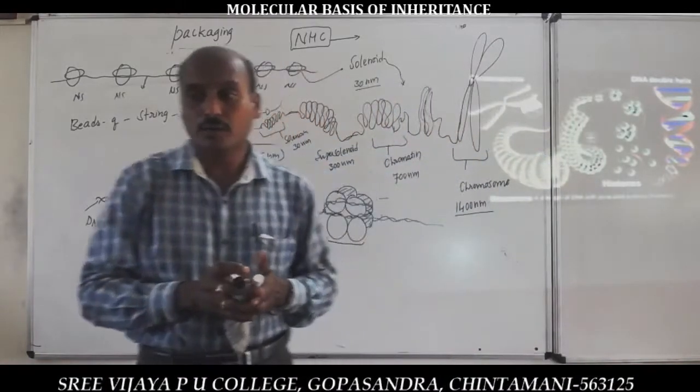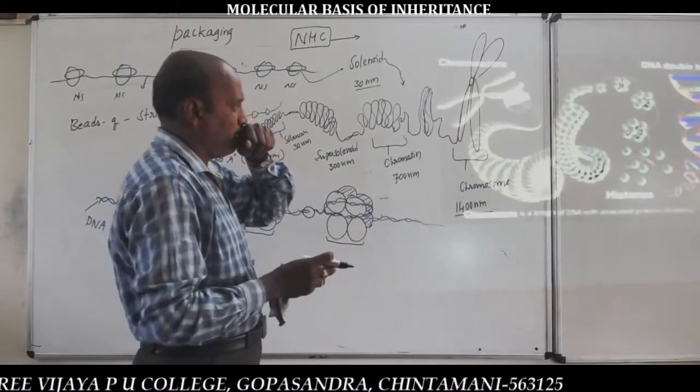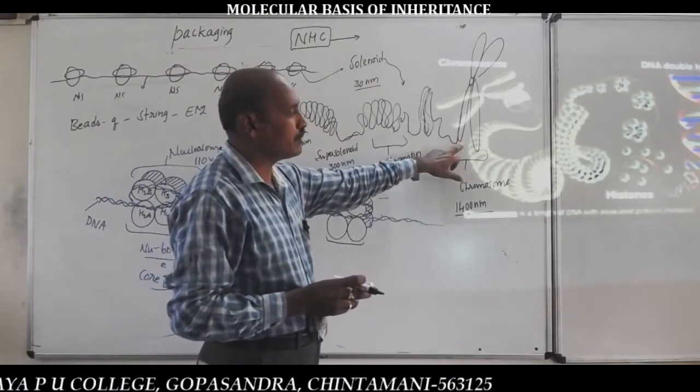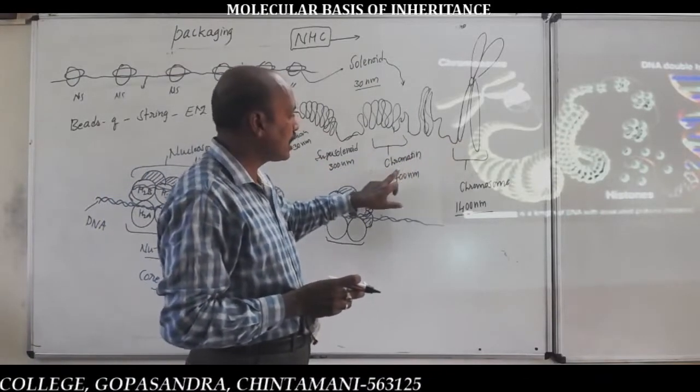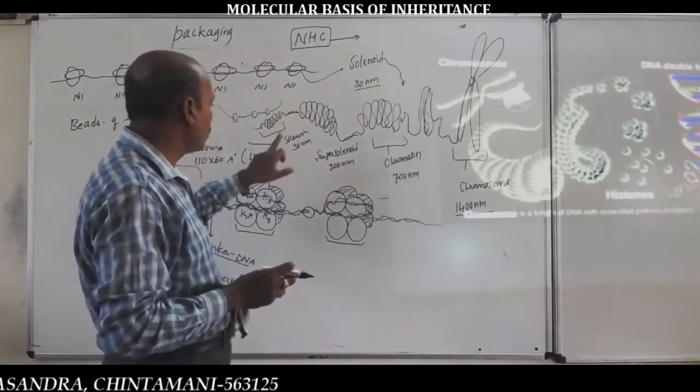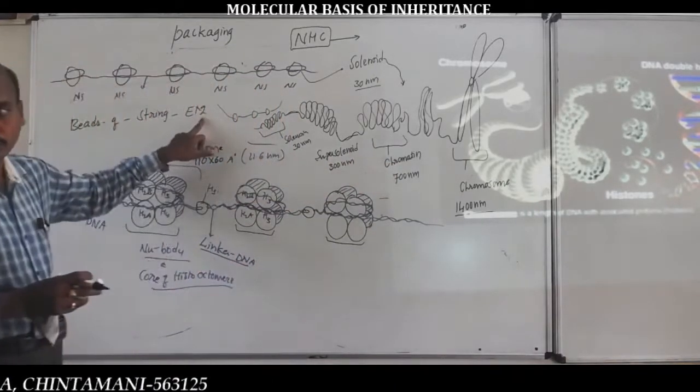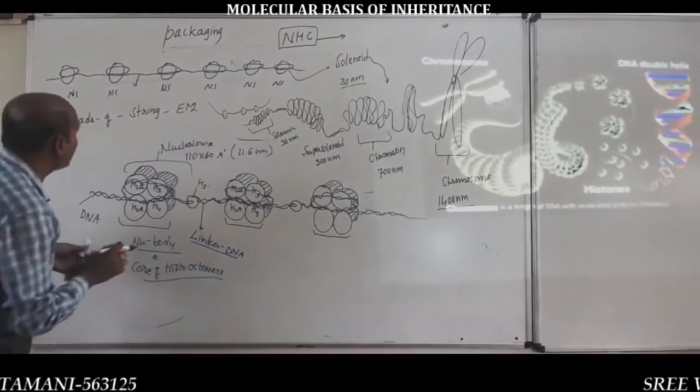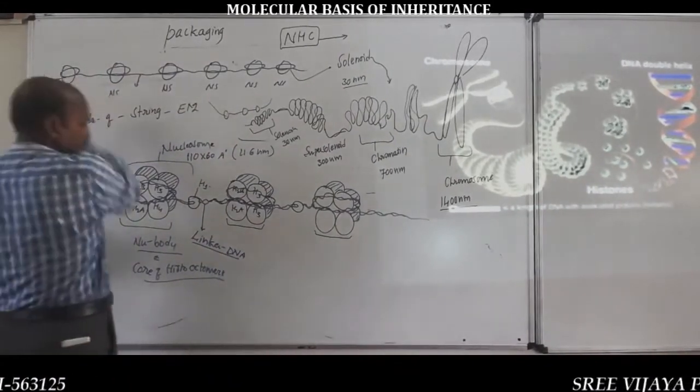Listen here: the chromosome is formed by the fusion of chromatin or chromatid, super solenoid, solenoid and nucleosome chain. So in CET this information is needed.